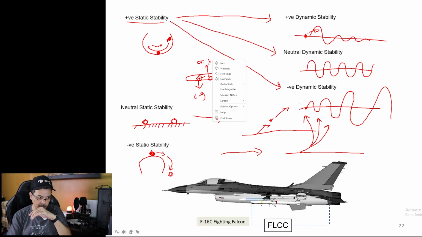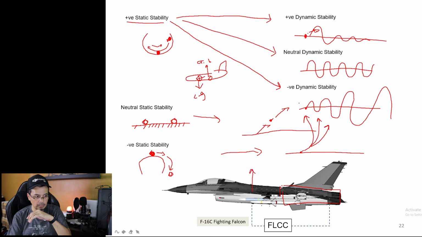But for the fighter plane, because most of the total weight is on the engine, the AC is in front of the CG. So the CG is at the back and the AC is in front. All fighter planes are designed to have negative static stability by having the AC in front of the CG. In the case of the F-16, it was the first plane.